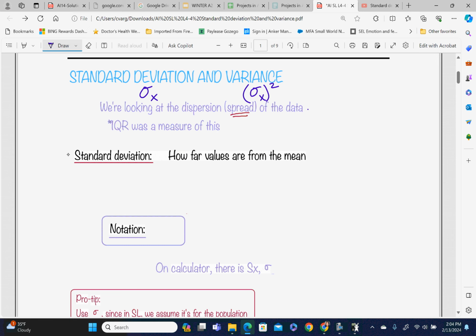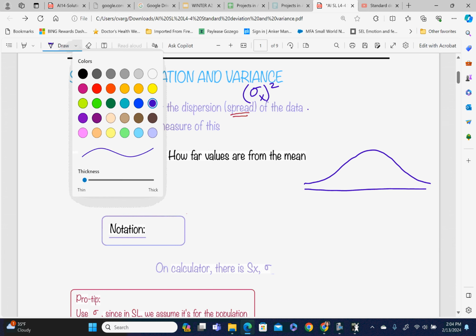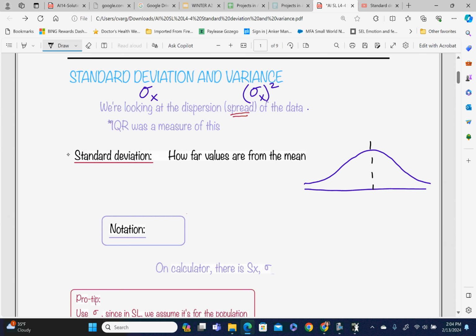So let's talk about what this means. All right, so if you have a set of data and it is normally distributed, we're going to talk about this a lot in this unit. What that means is it's going to look like a bell curve. So if I want to draw this a little bit better, right? What we do know about our set of data here is right in the middle is going to be our mean.